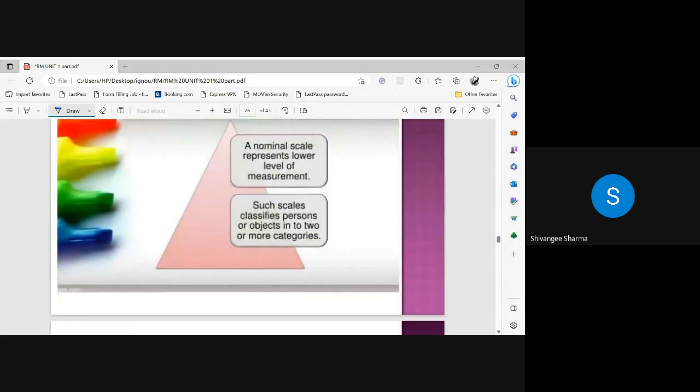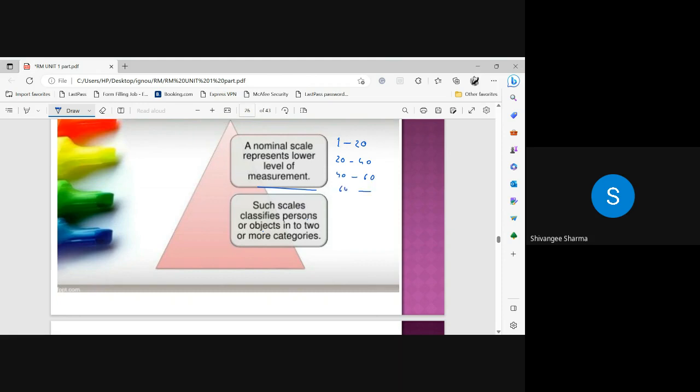A nominal scale represents lower level of measurement. It is the lowest level of measurement. Such scales classify persons, objects into two or more categories. Suppose you are doing any research and that research is related to your age group and satisfaction with your product, and you classify the category into 1 year to 20 years, then 20 to 40 years, 40 to 60 years, and 60 and above, right?